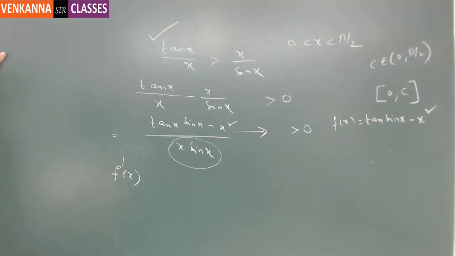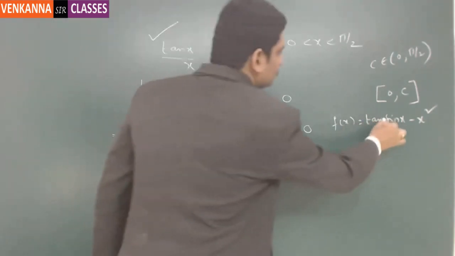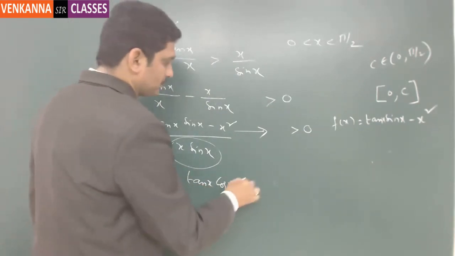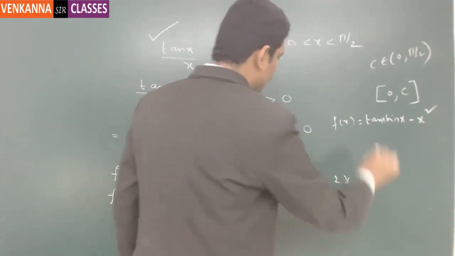Now, here I am going to consider two derivatives, f dash and the other derivative f double dash. So first of all, f of x is equal to tan x into sin x minus x square, let us go with the derivative part. If we calculate f dash of x, it will be tan x into cos x plus sin x into secant square x minus 2x.